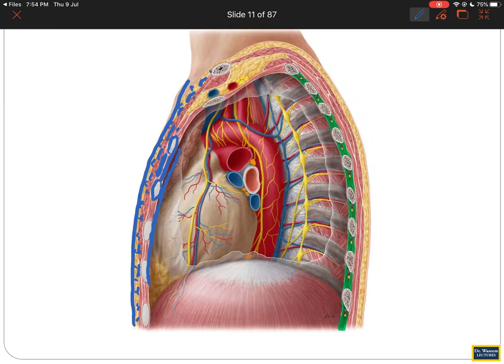Then inside will be a little bit of fat, then a fascia, that is called the endothoracic fascia, and the last will be the thin serous membrane, that is called the pleura, parietal pleura. You can see the parietal pleura has been cut here.